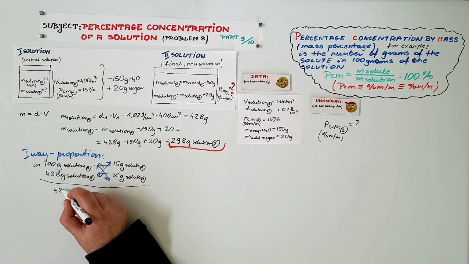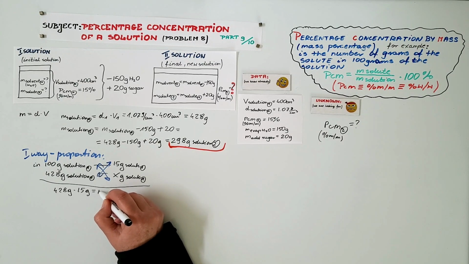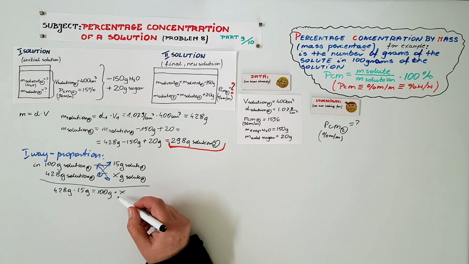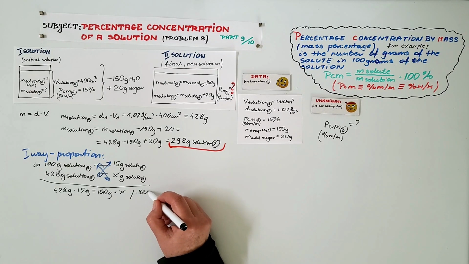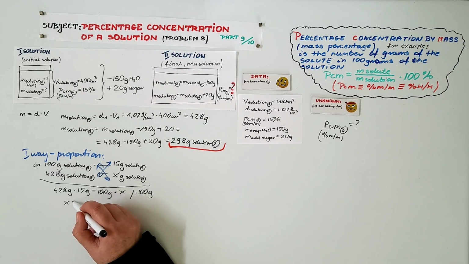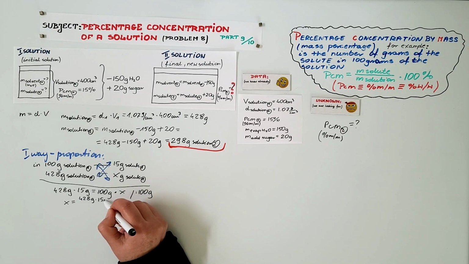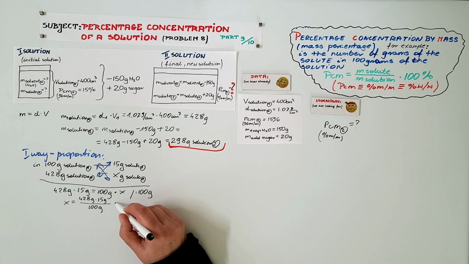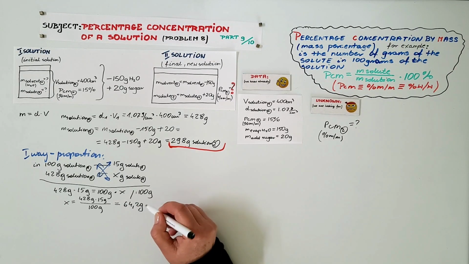So 428 grams times 15 grams equals 100 grams times X. To solve for X, we need to divide both sides by 100 grams. So X equals 428 grams times 15 grams over 100 grams equals 64.2 grams of solute 1.